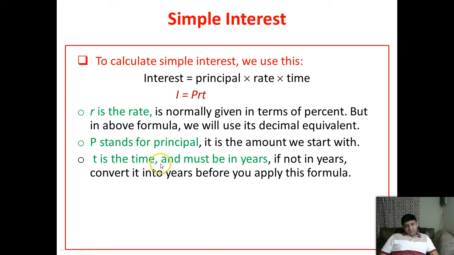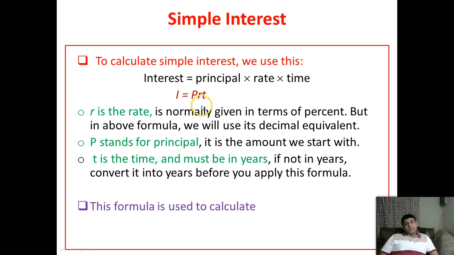T here is time, and it must be in years. If time is not in years, you must convert it into years before you apply this formula. For example, if they give you 6 months, you must first convert it by dividing by 12 to get years. So 6 months means half a year.